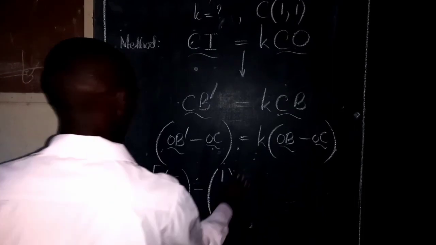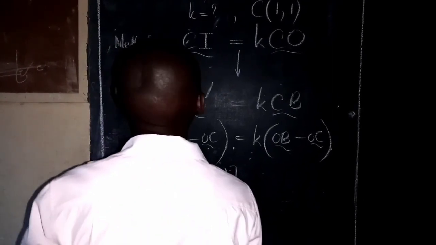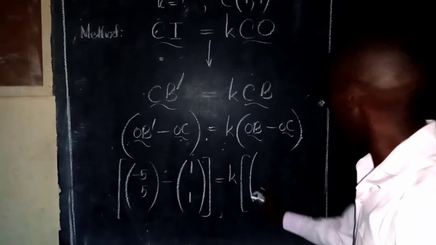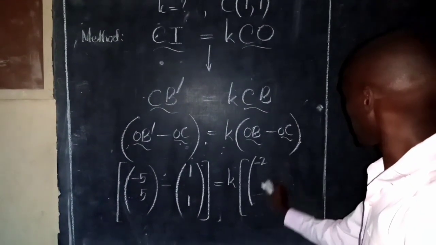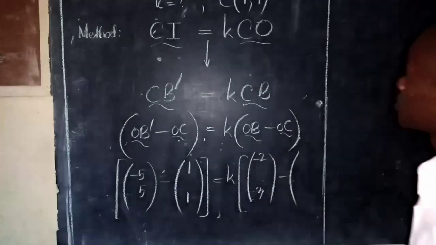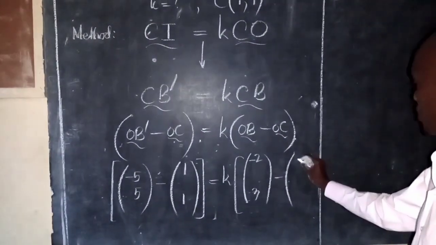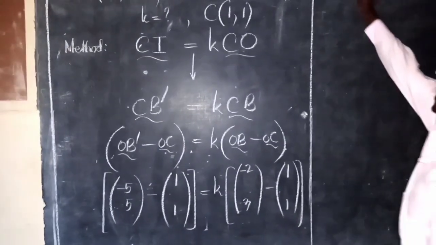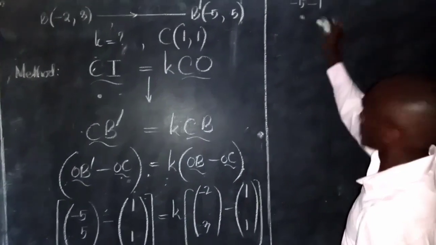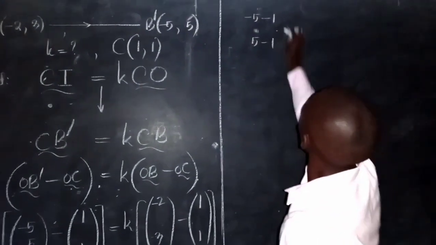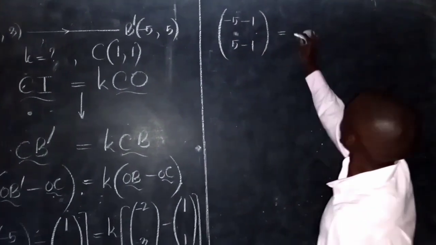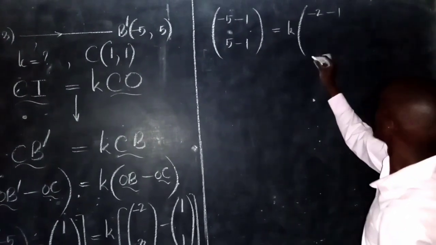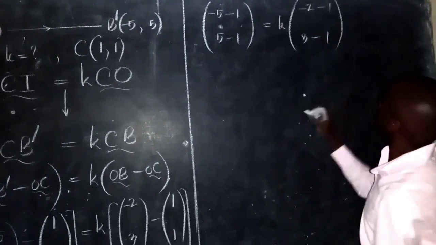Writing them down as a matrix. Our constant or scale factor, we don't know it, but we know the object. The object is negative 2, 3. We know the center, which is 1, 1. The other side, we have negative 5 minus 1, 5 minus 1, which is equal to k into negative 2 minus 1 and 3 minus 1.